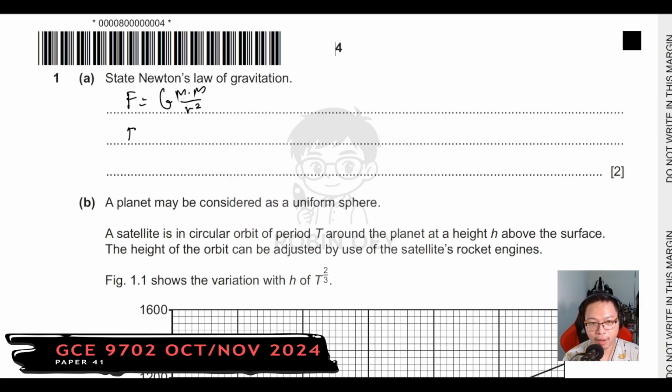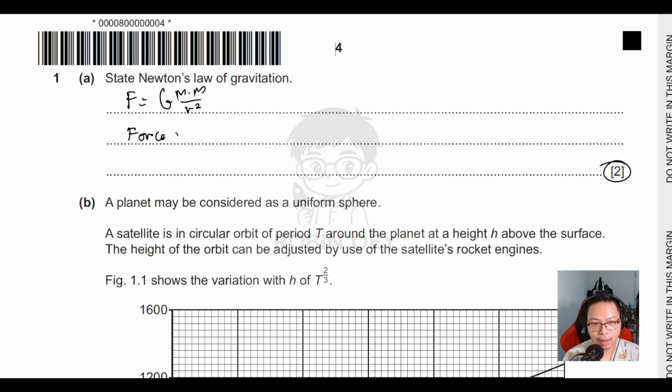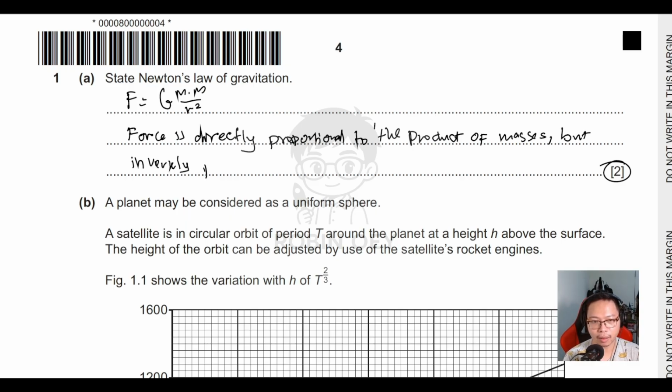So the force, because this is 2 points, we have to explain that the force is directly proportional to the product of masses, but inversely proportional to the square of separation.